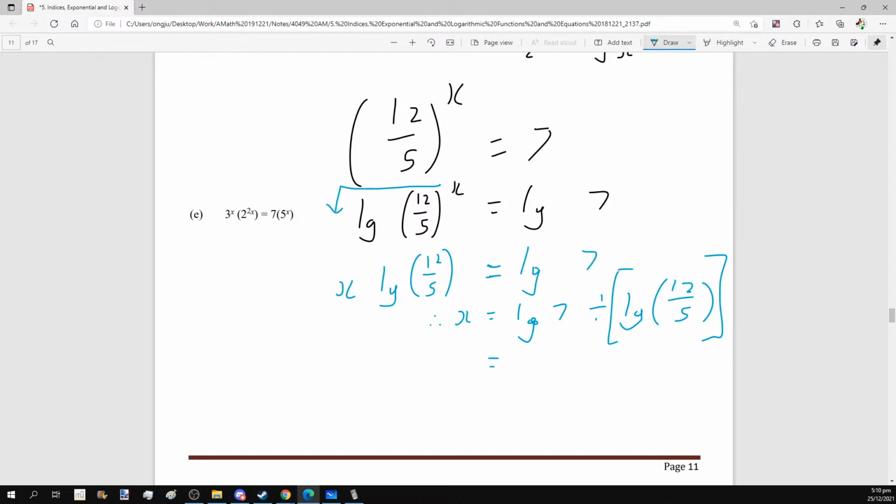And from here, you can feed this into your calculator. Do remember that on your calculator, we don't say lg, we just say log. So you have log 7 divided by log 12 over 5. This will give you 2.2227, which to 3 significant figures will be 2.22. And that will be our answer.